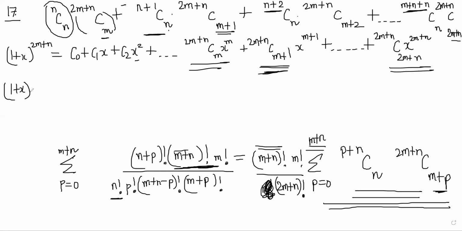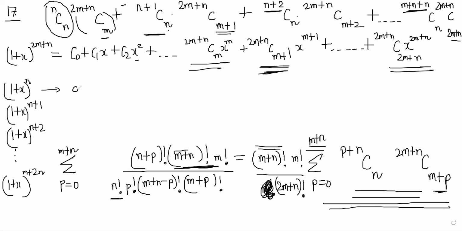I have (1 plus x) power n. It's always (1 plus x) power n plus 1, (1 plus x) power n plus 2, till (1 plus x) power m plus 2n, right?